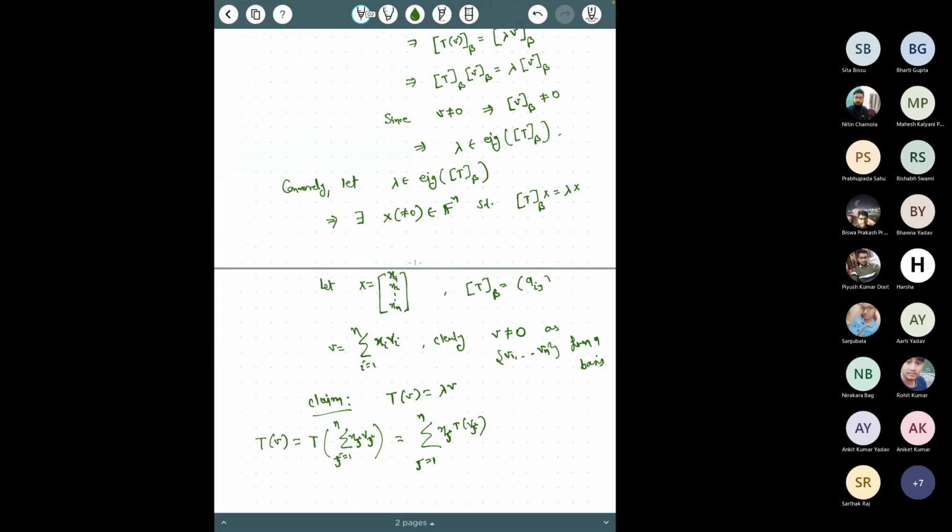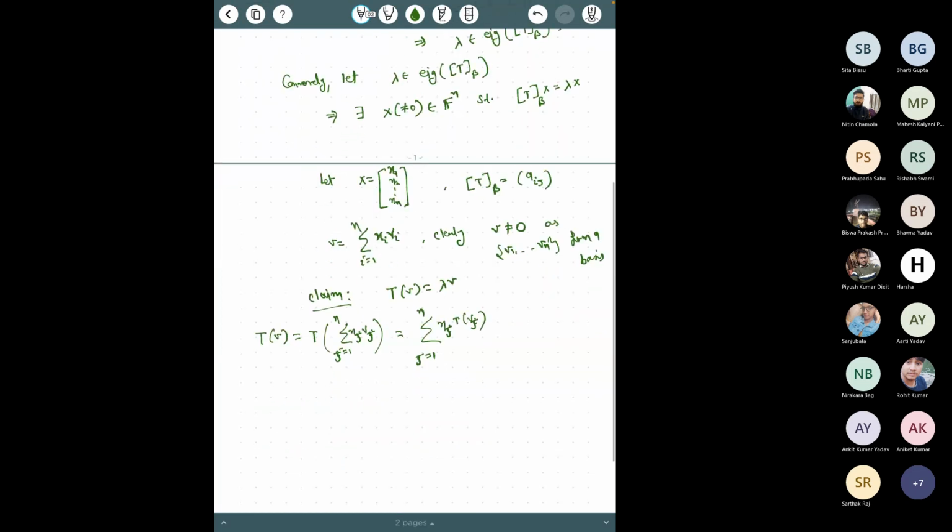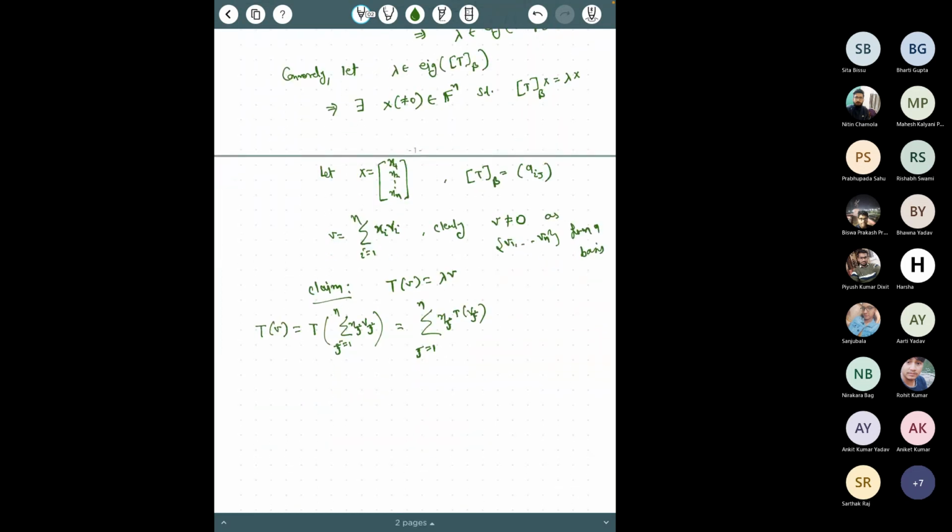So what would it be? The sum over j equal to 1 to n of xj T of vj. Can I write this using the matrix of T as the sum over j from 1 to n of xj times the sum over i equal to 1 to n of aij vi? Is it okay?